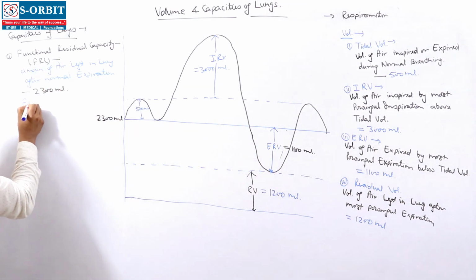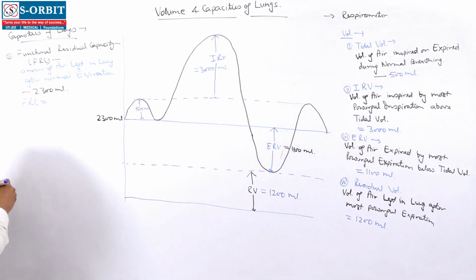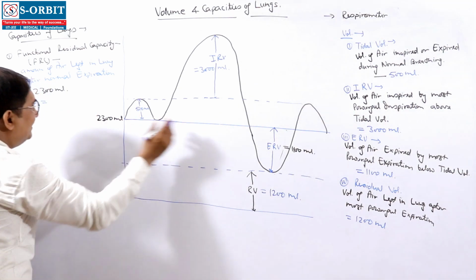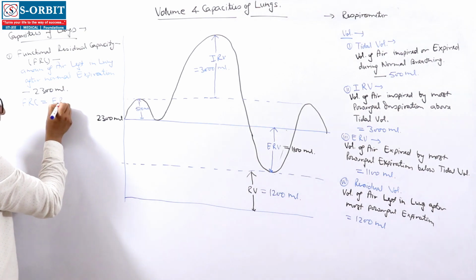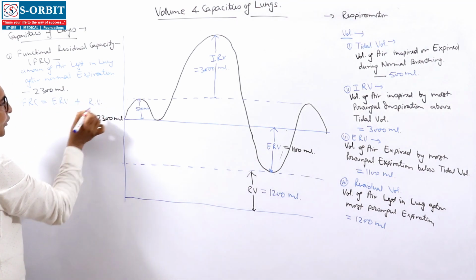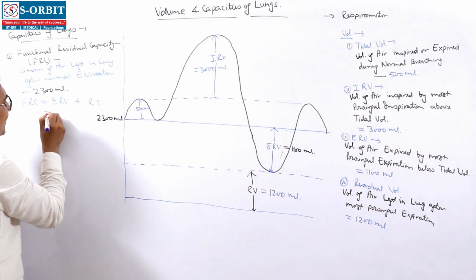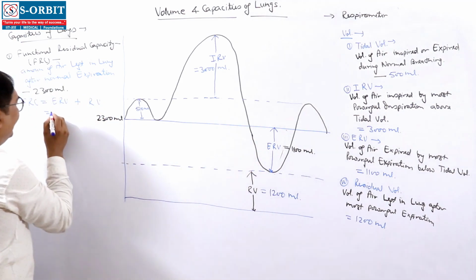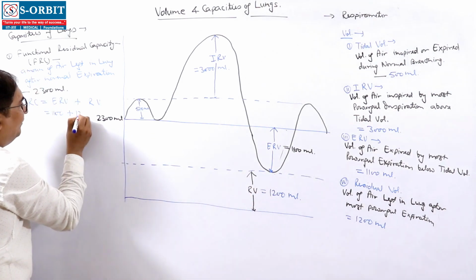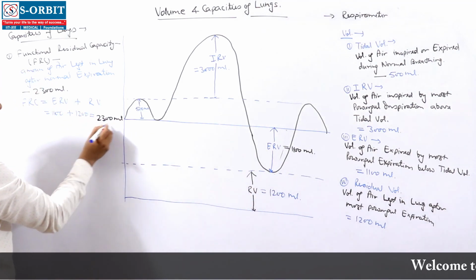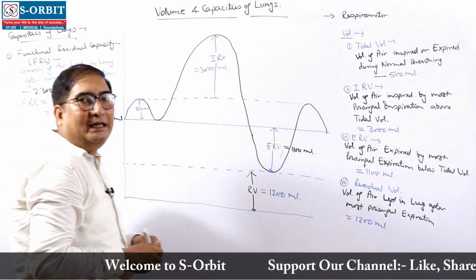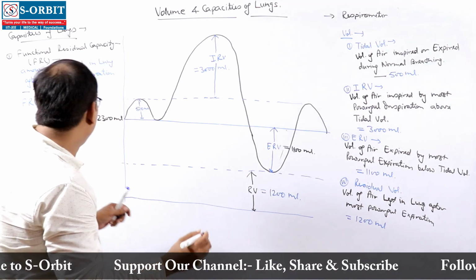So FRC is equal to expiratory reserve volume plus residual volume, or this 1100 plus this 1200 equal to 2300 ml. This is functional residual capacity.